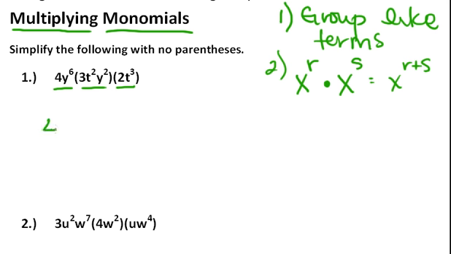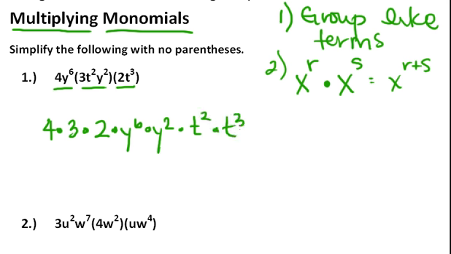Here, number 1, grouping all of our constants first. 4 times 3 times 2. Then we have y to the 6th, and another y term here, y squared. Then t, we have t squared and t cubed. Now we can simplify a bit more and start multiplying things out.